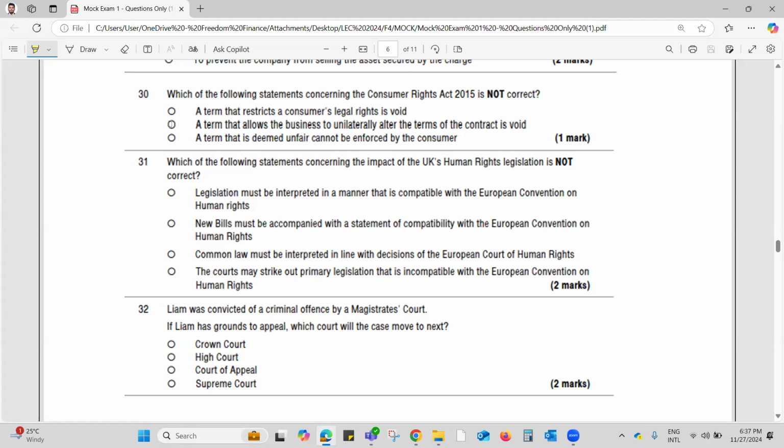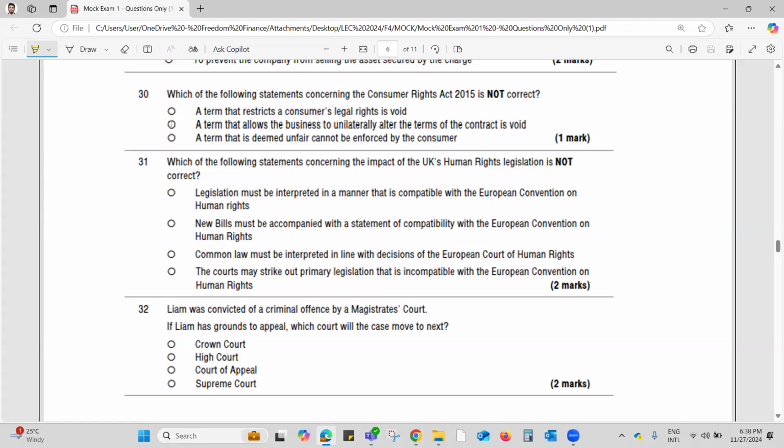Okay. So what the examiner is requesting from us here is which of the following statements concerning the Consumer Rights Act is false or not correct. Under the Act, the terms which are void include what? The first, a term that restricts a consumer's legal right is void. That is fair.